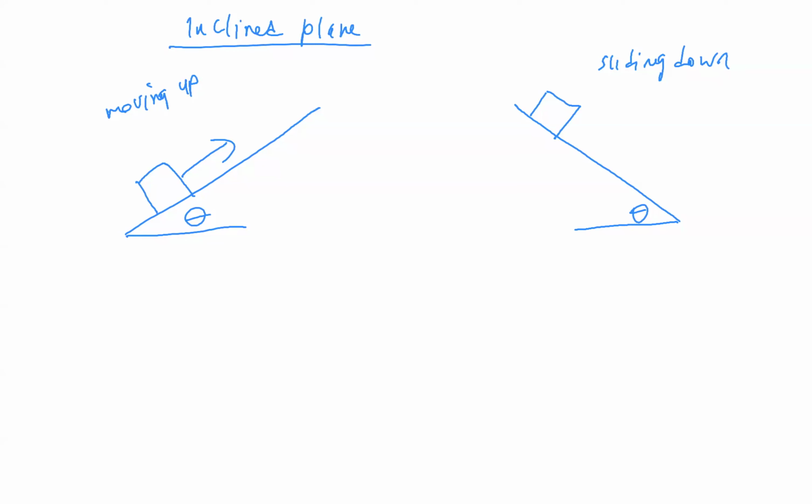So on an inclined plane, normal force doesn't point upwards. And if you check, normal force was just pointing up. But here, normal force is not going to point up because normal force is a force that the surface exerts on an object in contact with it and perpendicular to the surface.